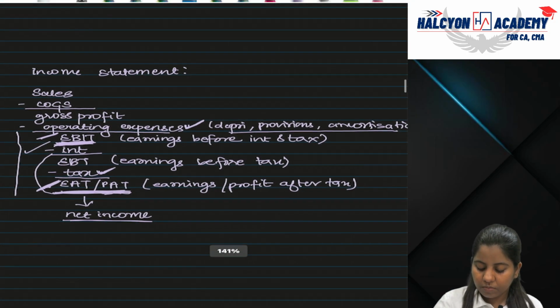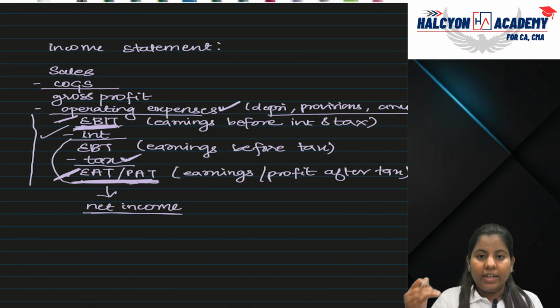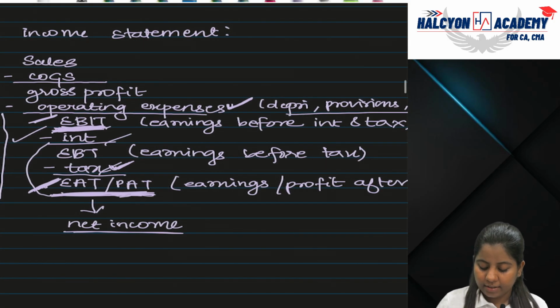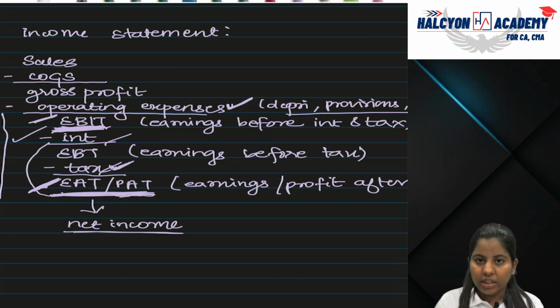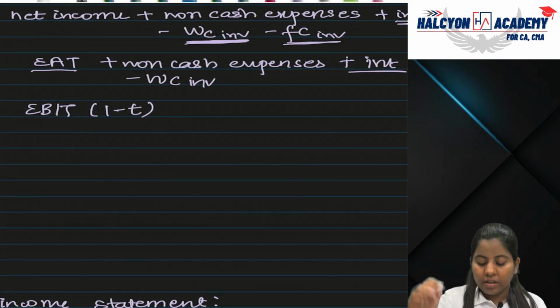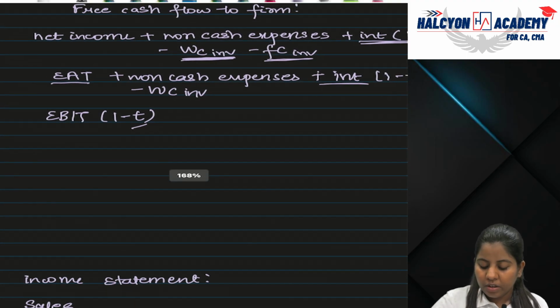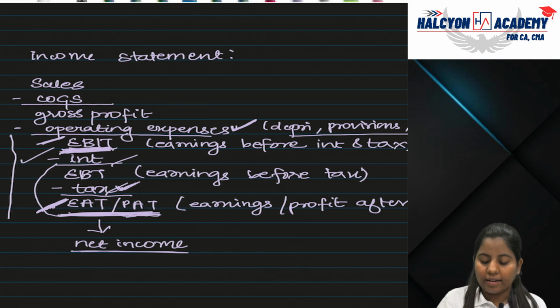How? See, for coming to EAT, we deduct interest and tax from EBIT. And if we add back tax and interest, we will get EBIT. But we are only adding interest, and tax is still deductible, right? So can we write it as EBIT (1 minus tax)?